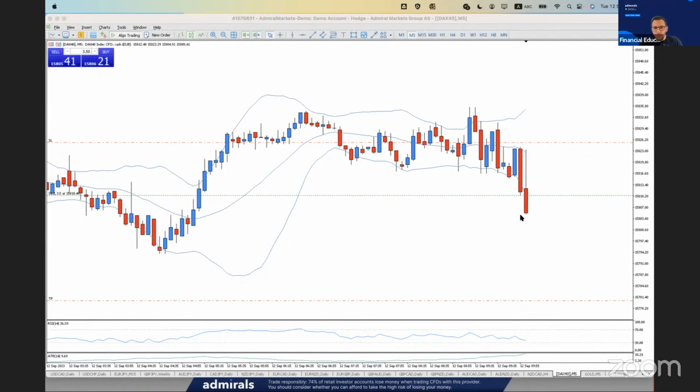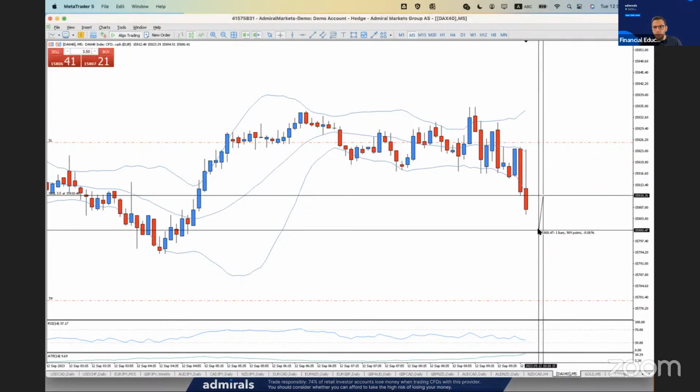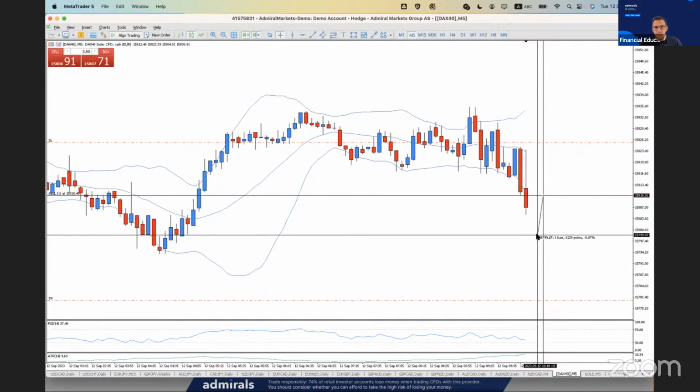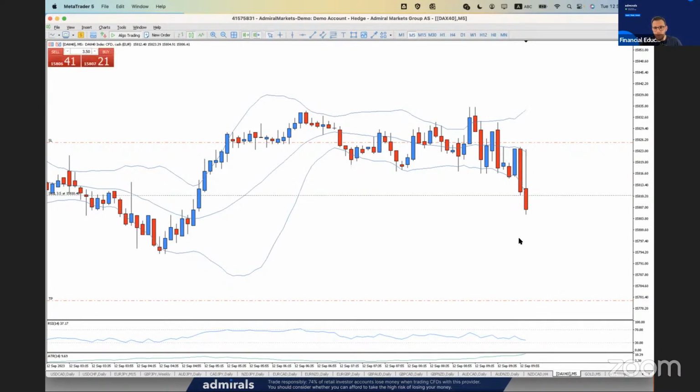Okay, so everything in place here. For traders who want to go only for 10 points, here is the area where you are about to get out of the position.